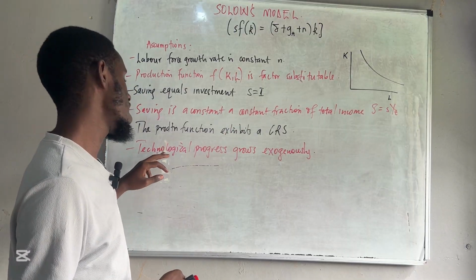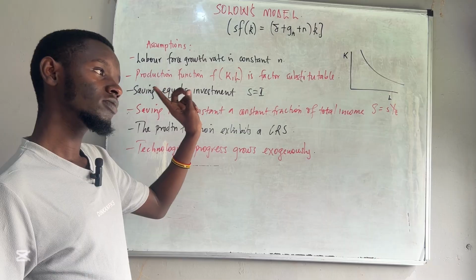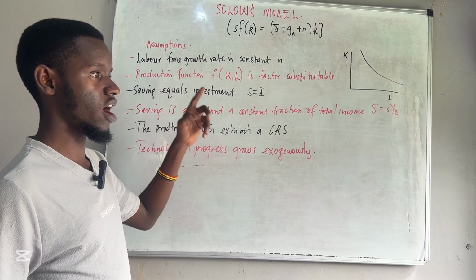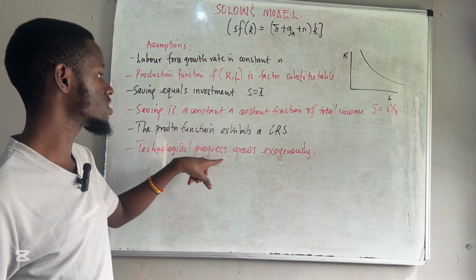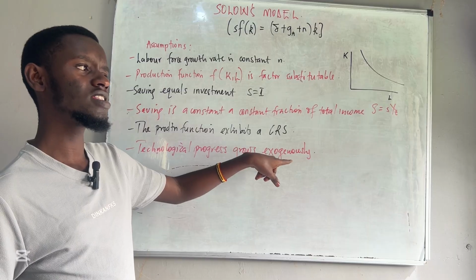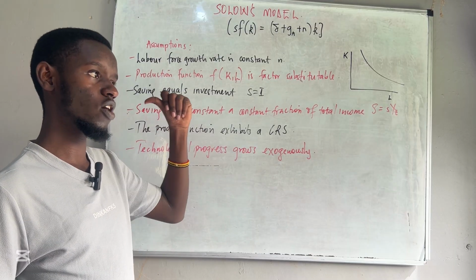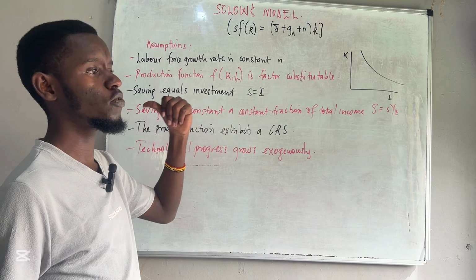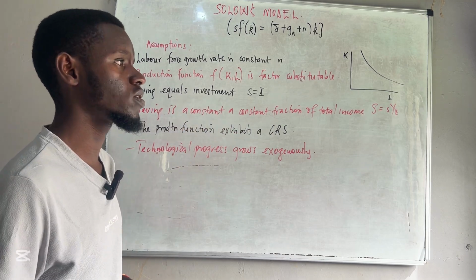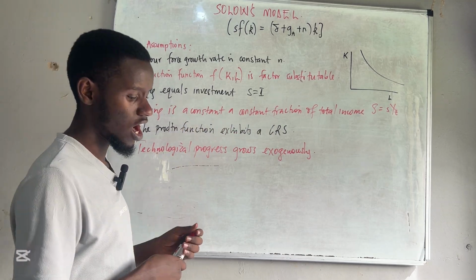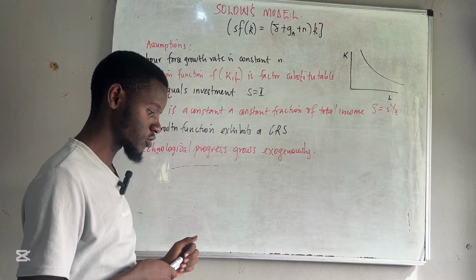And then the difference between the Solow model and the Harrod-Domar model is here: technological progress is given as determined. This means that technological progress is not fixed, it keeps on changing, but we saw in the Harrod-Domar equation that technological progress was constant. Without wasting any time, let us go and see how we can do this in the shortest time possible.